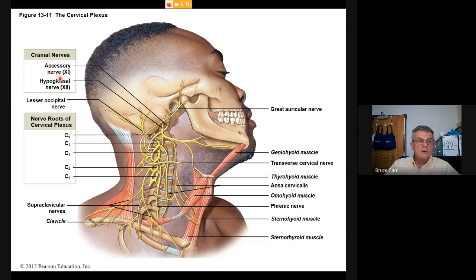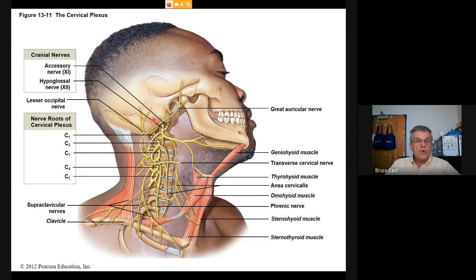The accessory nerve, which doesn't tell you much, but the hypoglossal means below the tongue. Here is the hypoglossal nerve, basically providing innervation to the sensory apparatus right under the mandible, under the tongue, and even down here, perhaps to control the thyroid muscle.